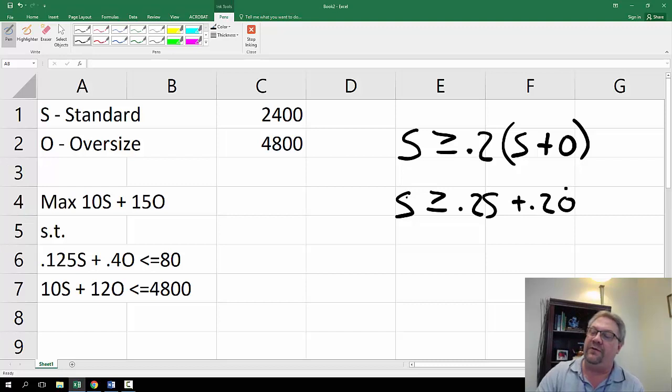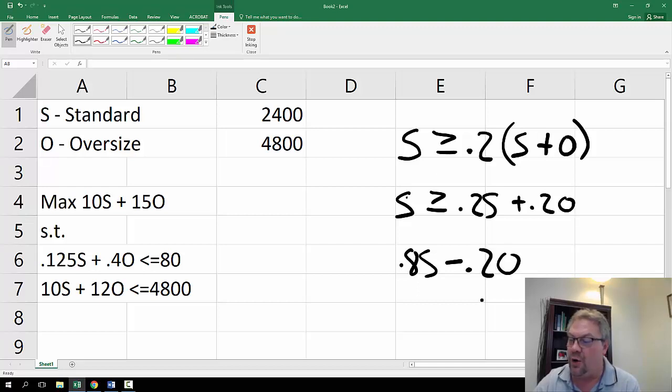Move everything over. I think I've said this before, but you can't have your choice variables on the right-hand side of the constraint. So I want to move these over. That means I have 0.8S minus 0.20O greater than or equal to 0. That is my third and final constraint.